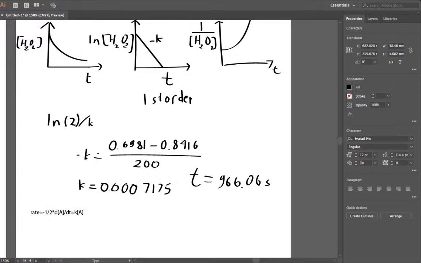But actually, I don't really need to care about the half, because it would later go into the k, and that k would be a constant, which I've already found. So yeah, let's just integrate both sides, because we are now just solving a differential equation.